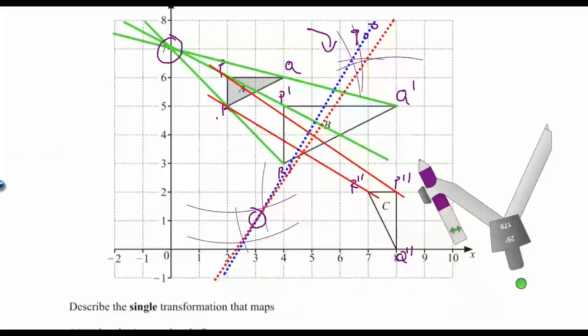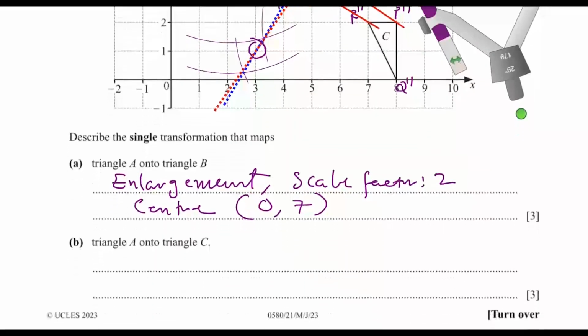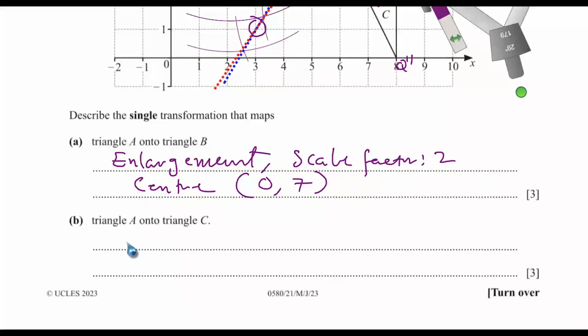So now I can fully describe the transformation that maps triangle A onto triangle C. So the name of the transformation is rotation.